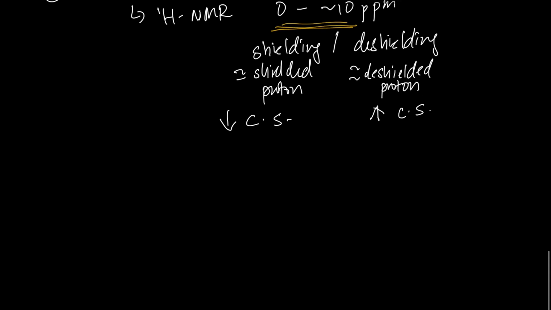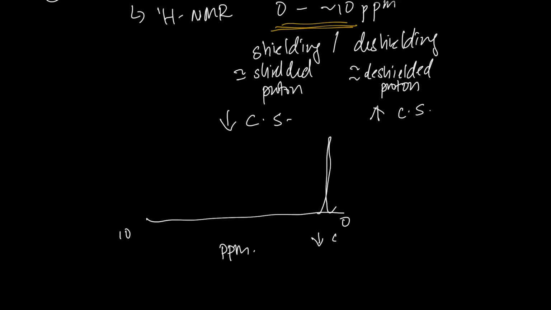So just now you have seen that a spectrum looks like this. You start from 0, then generally for proton NMR, you spread up to 10 ppm. This is ppm. Some signals may appear here with low chemical shift value. Some signals may appear here with high chemical shift value.